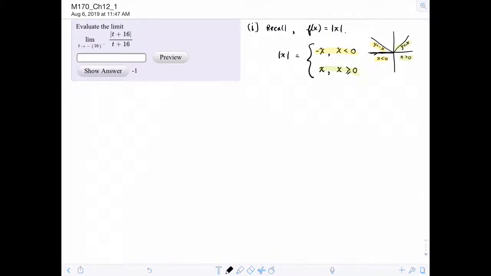So in this case, when we are given a limit as x approaches a from the left of some function, this actually means from the left side of the x-axis.